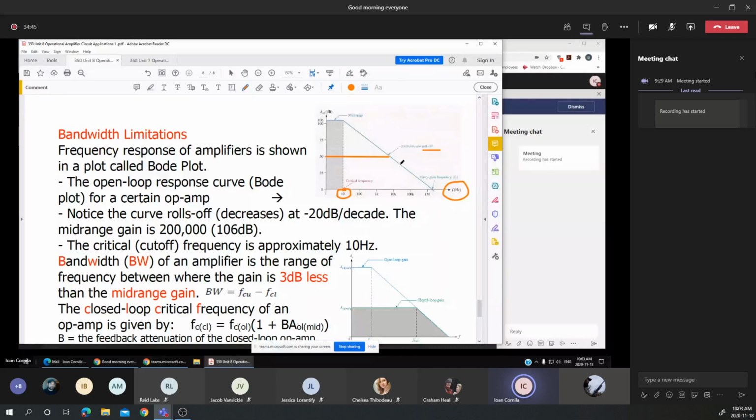I mentioned that we can have some other advantages of using a lower gain. Suppose that I'm not using the op amp for the open loop gain or very high gain. Suppose that I drop the gain to 1,000 or less.